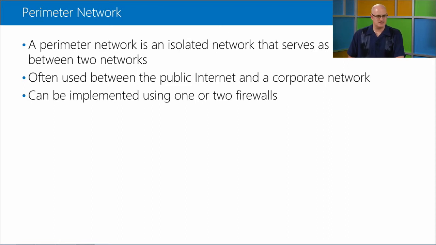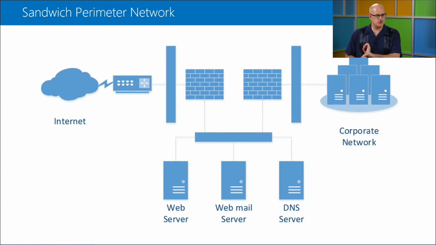If you look at the next slide here, you see this kind of sandwich perimeter network where it's between multiple firewalls. Basically, we have this firewall here in between the internet and the rest of the system.